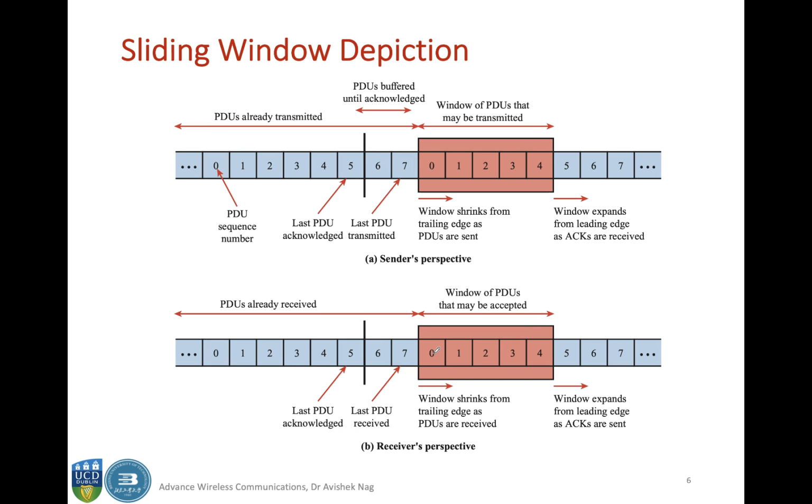Let's see this example. You have the sequence numbers of PDUs 0, 1, 2, 3, 4, 5, 6, 7, etc. There are 8 PDUs that, let's say, a transmitter has already transmitted, and let's say 0 to 5 has already been received.